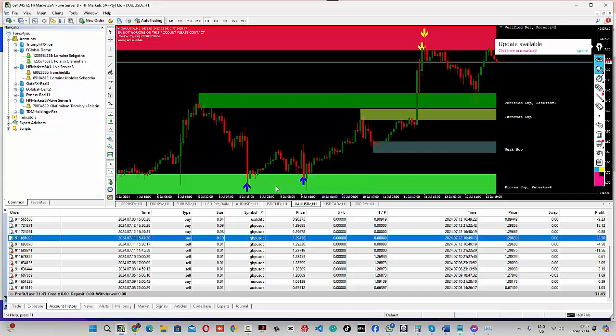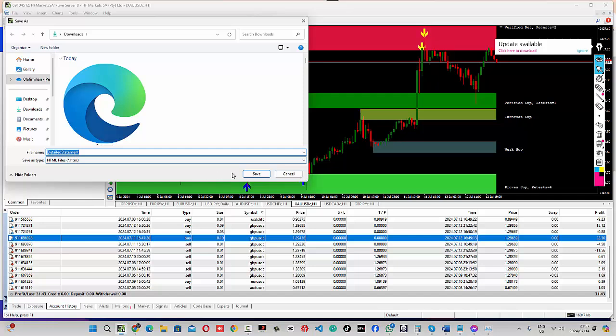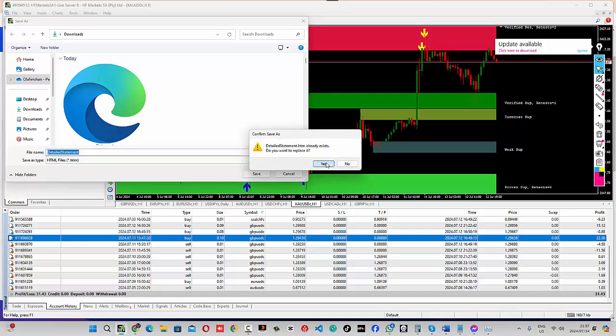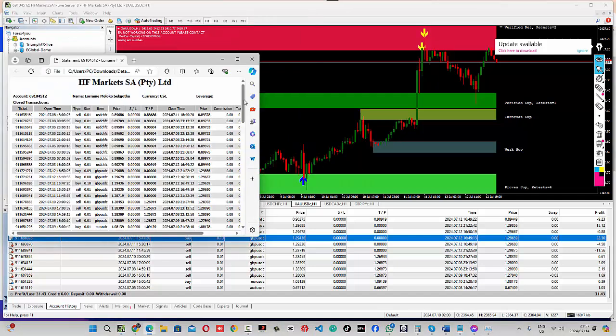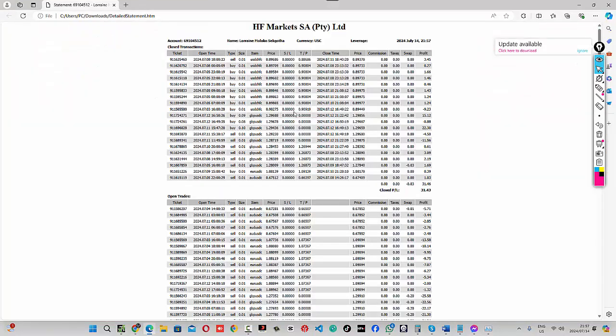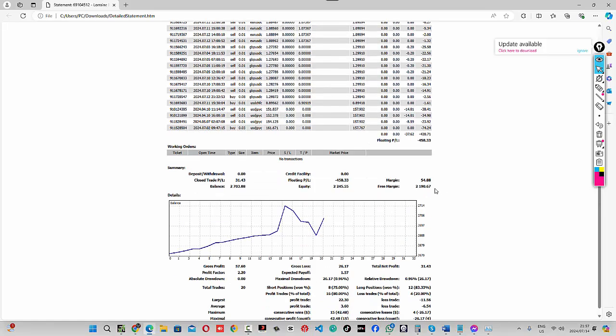Let's extract it in detail. So if you look at this, this is what we made in the week. In the past week, we made $31 here, and this is the equity curve.